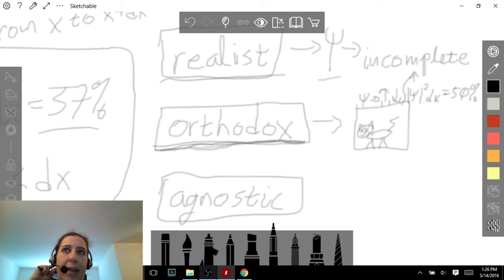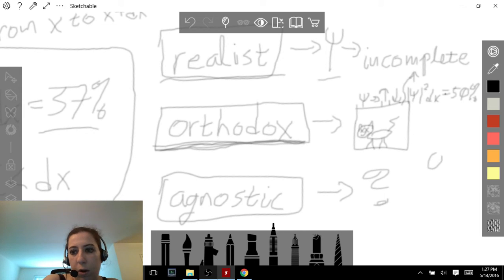I think the problem with the agnostic position is when we attempt to extrapolate it out into saying that just because we don't know how to test this or measure this now means that it is untestable and unknowable. So there's a difference between saying this isn't a useful question for us to ask right now because we don't have the tools to test it, versus saying this is a question that is off limits, so nobody should ever think about it. So agnostic is a big old question mark, and then, kind of a whatever.